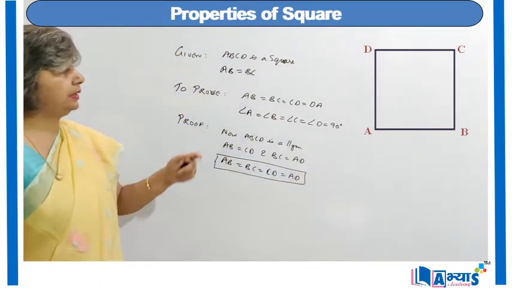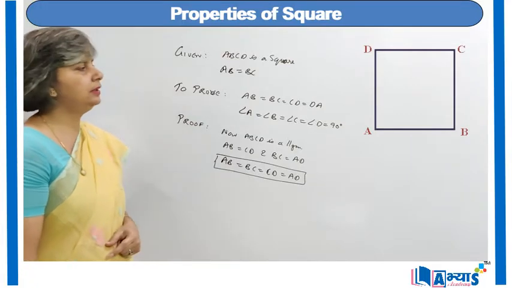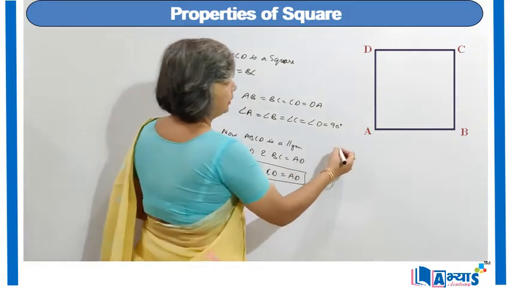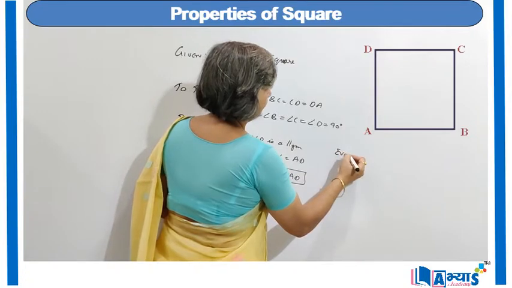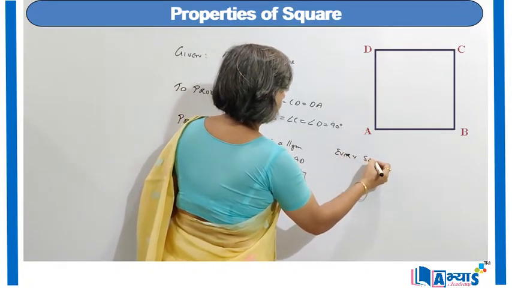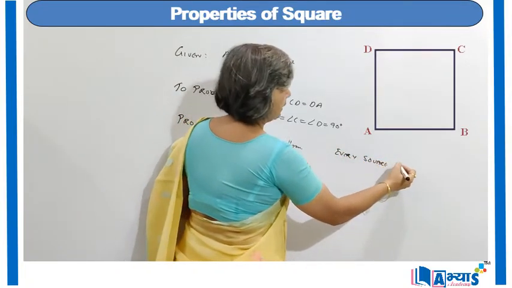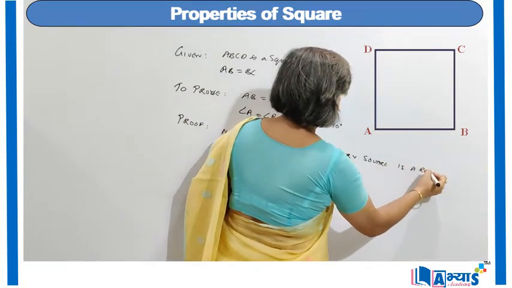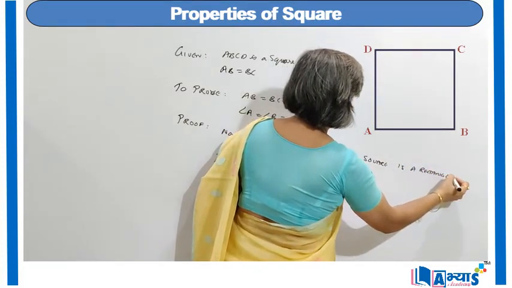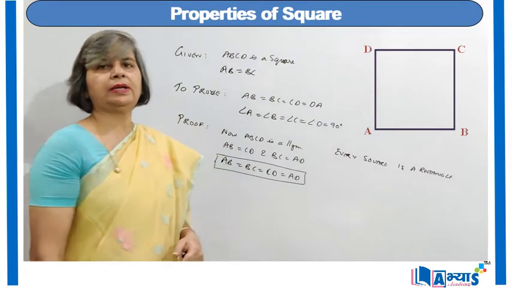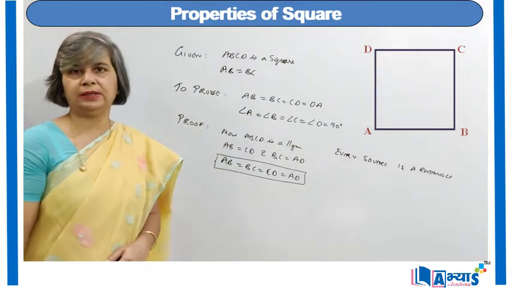Now for the second part, that all the four angles are 90 degrees, we know that every square is a rectangle, and we know that in the case of a rectangle all the four angles are 90 degrees.